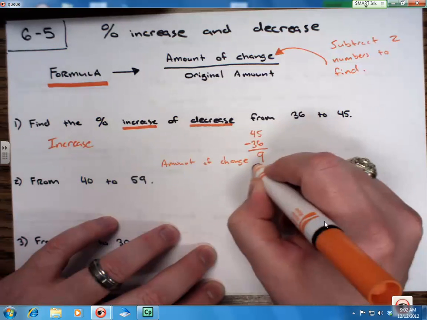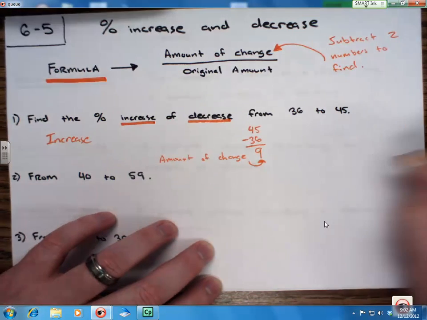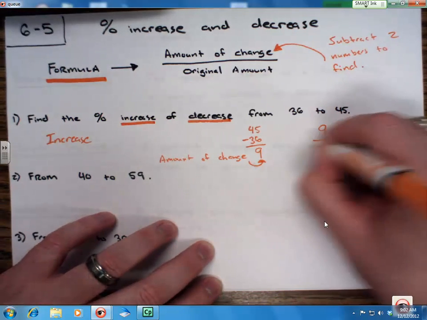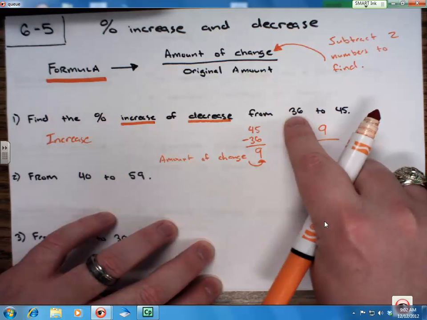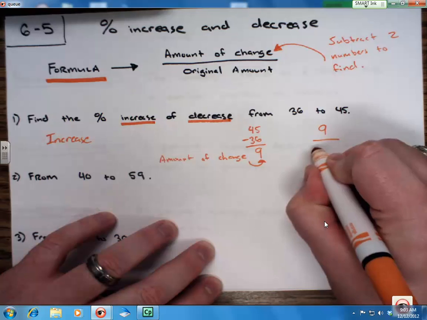That is my amount of change right there. The original number is going to be 36 because I'm going from 36 to 45. So it'd be 9 over 36.